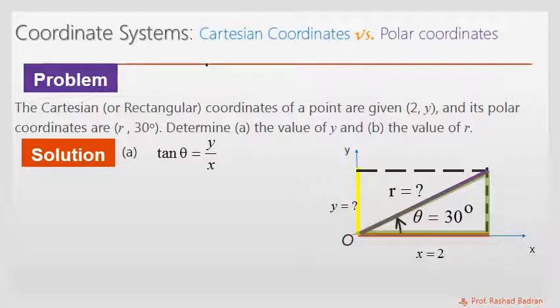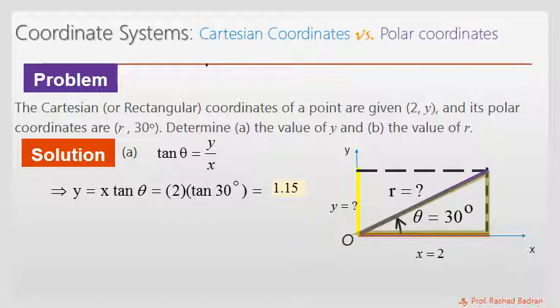For part A, we apply the trigonometric relation tan theta equals y over x. X and theta are given, and then substitute into the relation to get y. Then y equals 2 tan 30, which is 1.15.